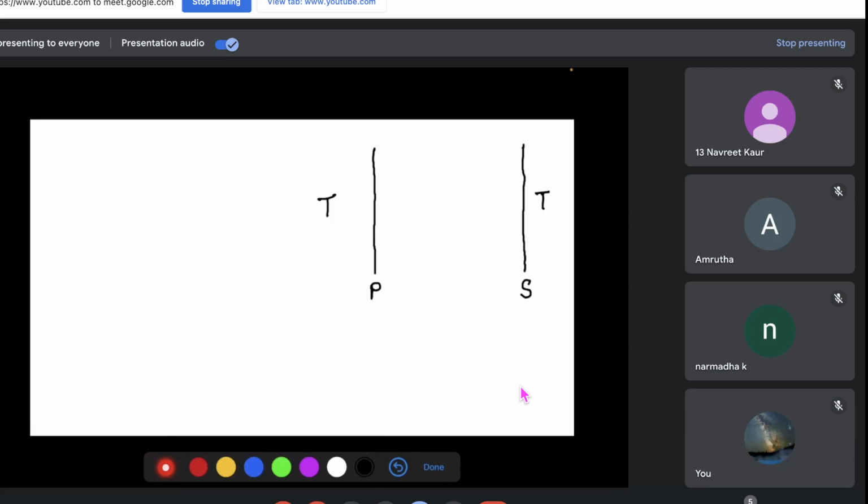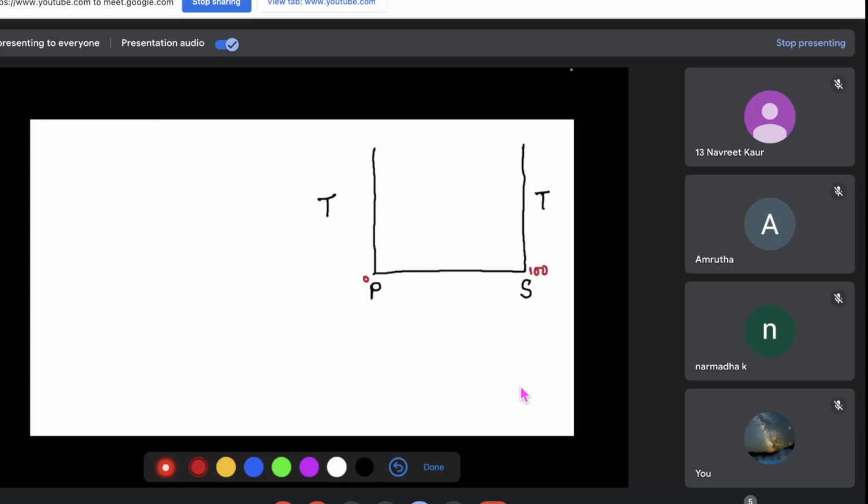So if I join these two temperature axes of the components P and S horizontally, then this will be known as the composition axis. The composition axis starts from 0 and goes to 100.